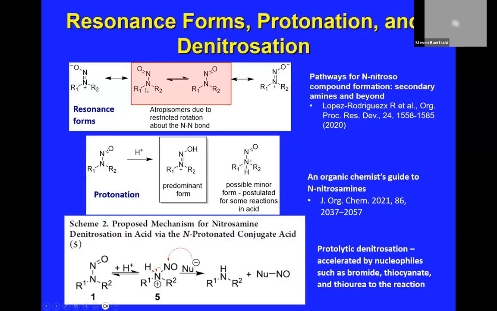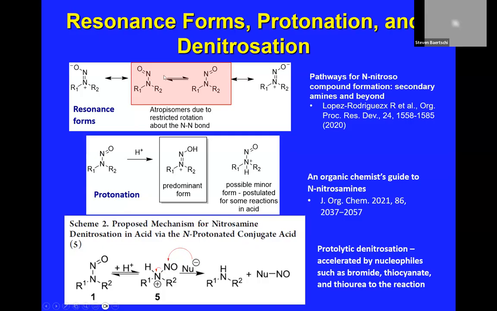So if you have an amine, a nitrogen attached to another nitrogen, attached to an oxygen, you have an N-nitroso. The NO is the nitroso. So it's an N-nitroso, and there is an interconversion.